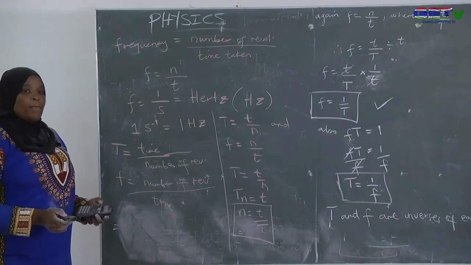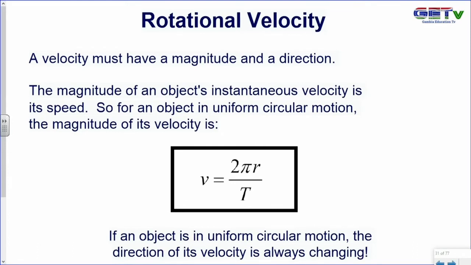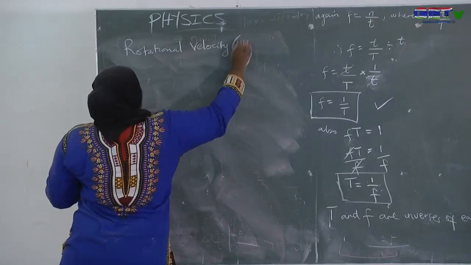Okay. Now let's derive an equation for the rotational velocity. We've dealt with the frequency and the time period, so let's talk about the rotational velocity, in bracket v.